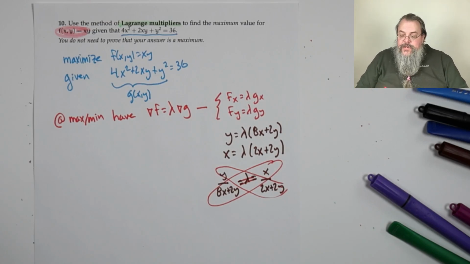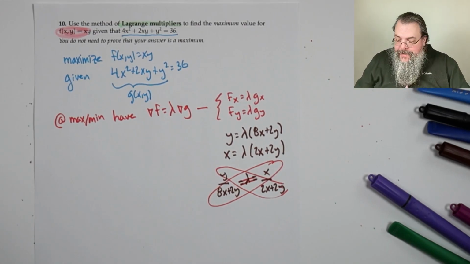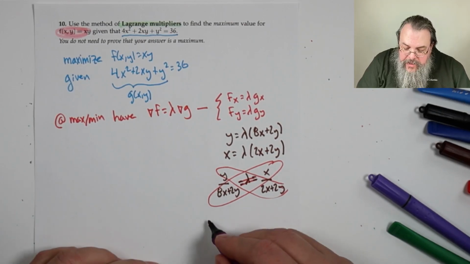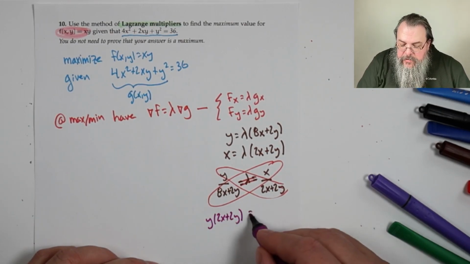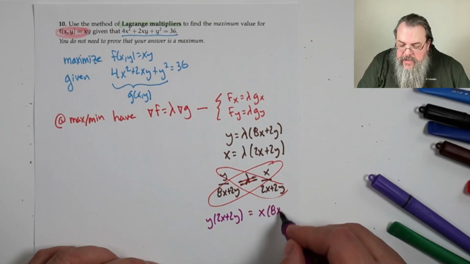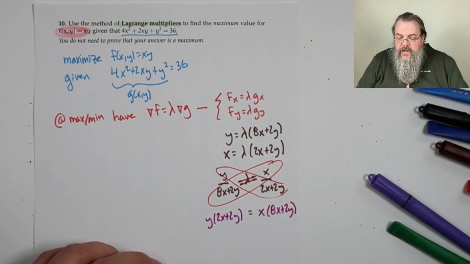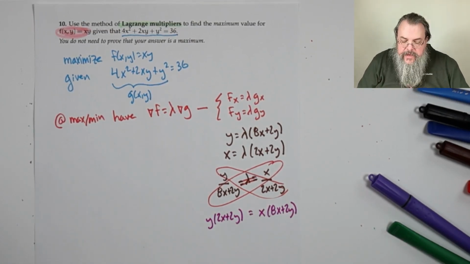So here's a new relationship for x and y. We get that y times (2x plus 2y) is equal to x times (8x plus 2y). Let's clean that up.